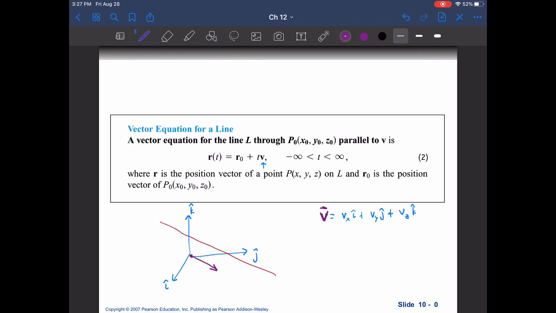Essentially each of the components tells you something. Let's say this was 2, this was 4, this was -5. If Vx is 2, it's telling us every time we move 2 in the I direction, we move 4 in the J direction, and back 5 in the K direction.